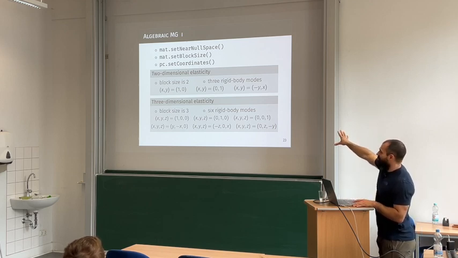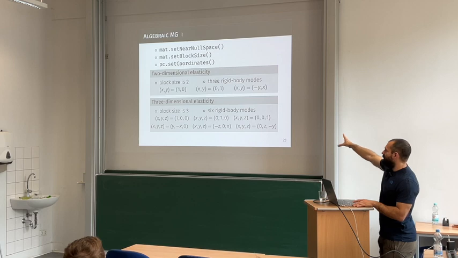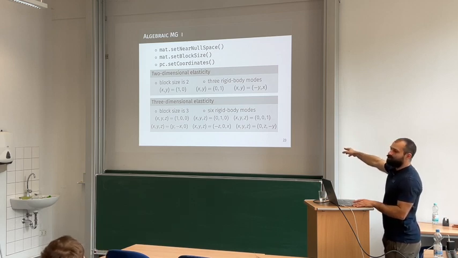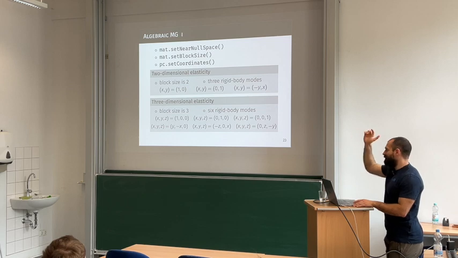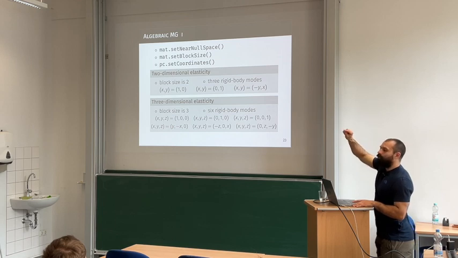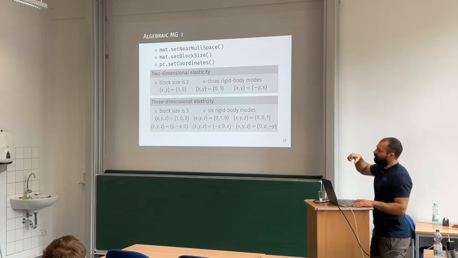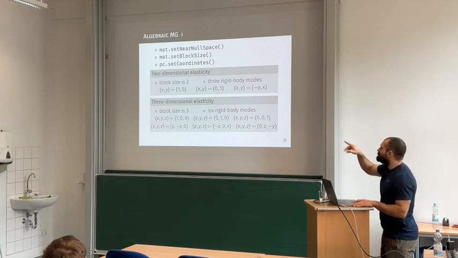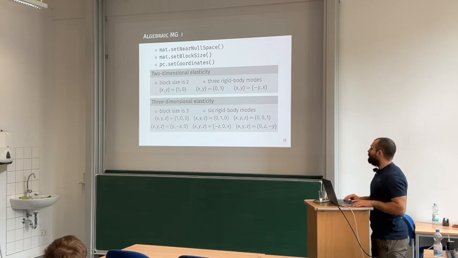Again, for elasticity, if you don't know how to discretize the translations and the rotations using your favorite package like DOLFIN or Firedrake, PETSc can automatically assemble them if you supply the position of your nodes using the PCSetCoordinates API.